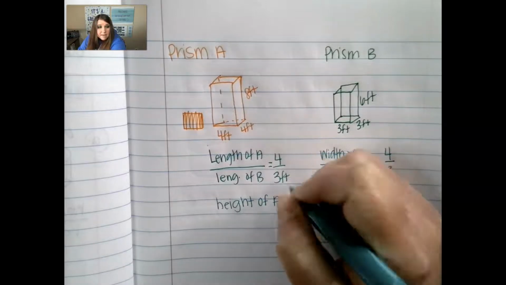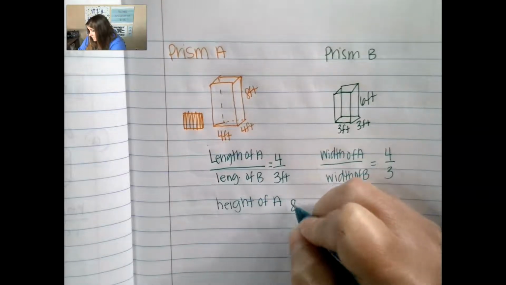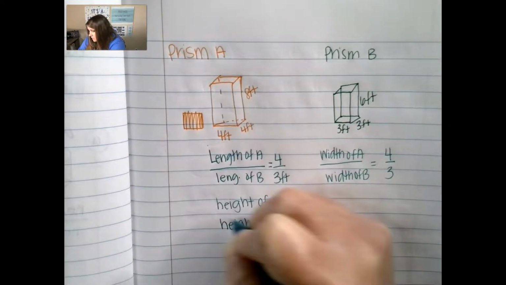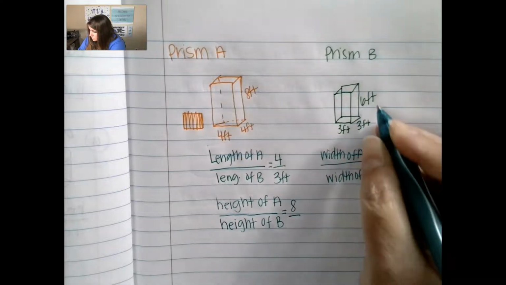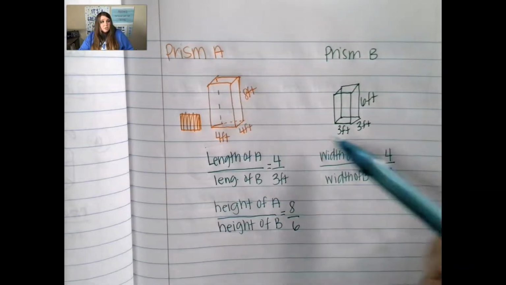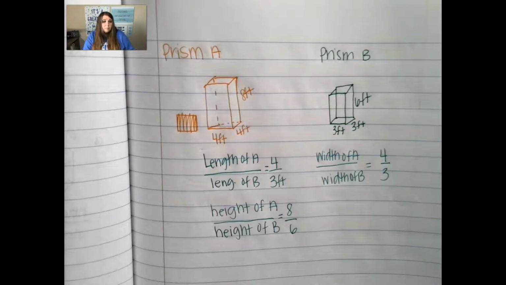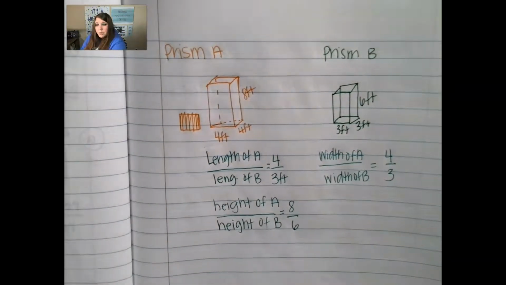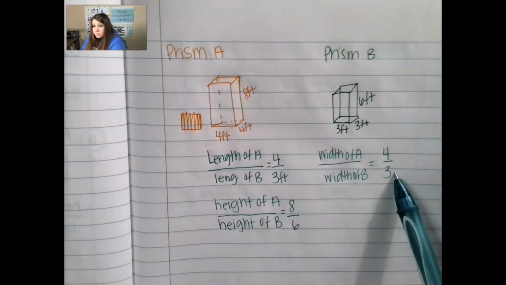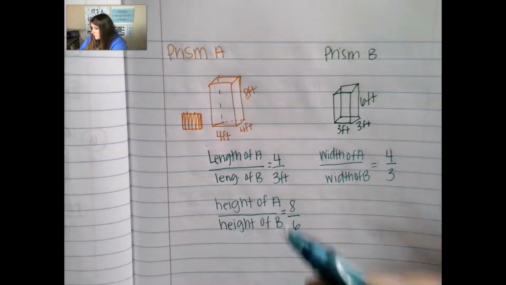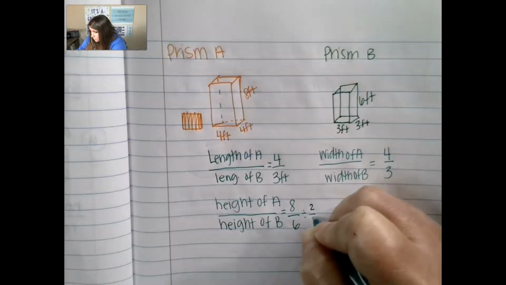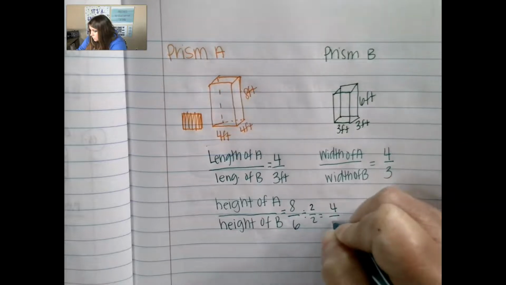The height of A is 8, and the height of B is 6. Okay, so our job is going to be to compare the dimensions of these two prisms. When we're comparing, you can see that the width is 4 over 3, and we can reduce the height fraction, 8 over 6, by dividing by 2 over 2, and that will give us 4 over 3.